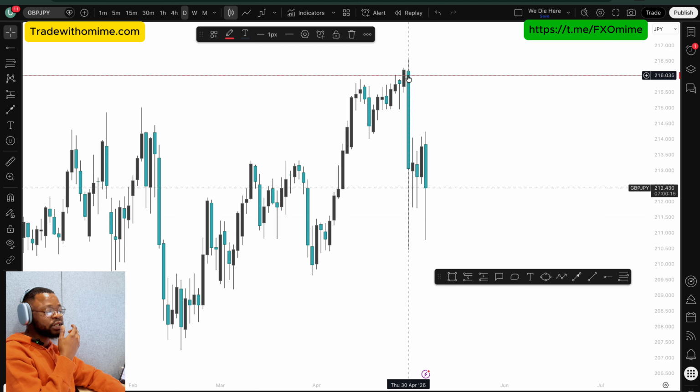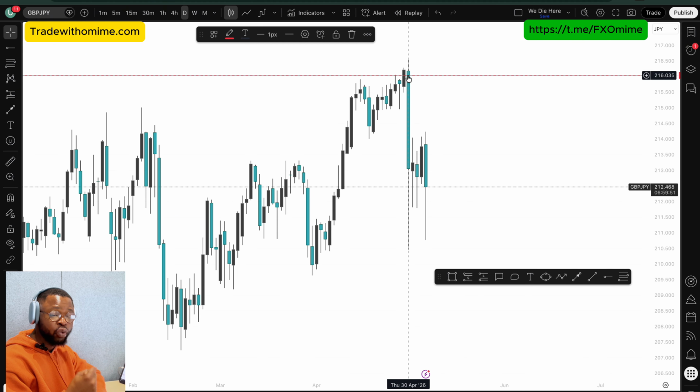That basically tells you that the higher the time frame you go, the more respected the levels are. Let's say we're on a daily time frame. The daily time frame levels will be respected, but compared to the monthly time frame, it takes a whole month for a monthly candle to really do its thing. So if a monthly time frame level is held, it's very important for you to pay attention to it.